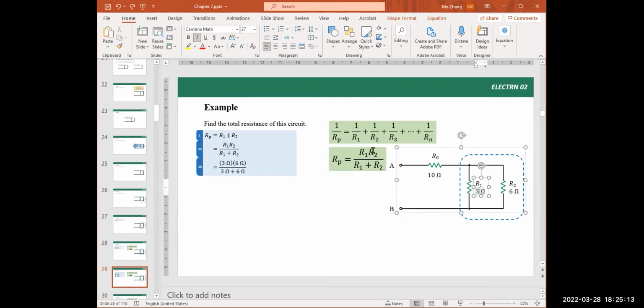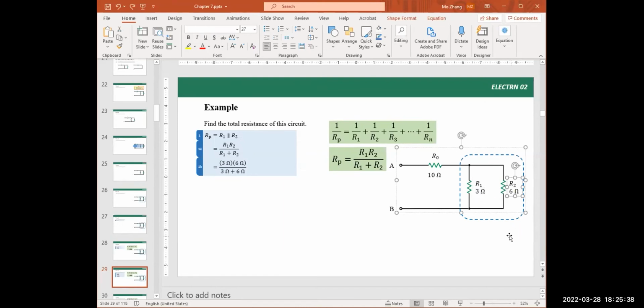Actually, just one of the parallel branches is one resistor in the parallel branch is 3 ohm. So this is 3 ohm times the other one. The other one is 6 ohm. So 3 times 6 ohms divided by the summation of these two resistors, which is 3 ohm plus 6 ohm.